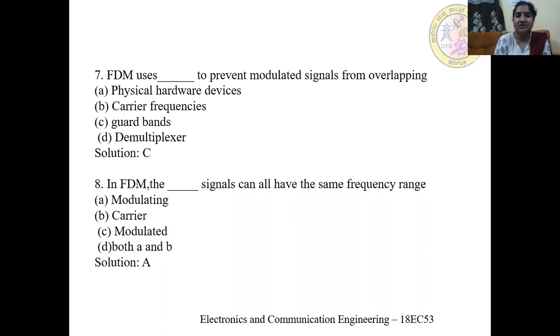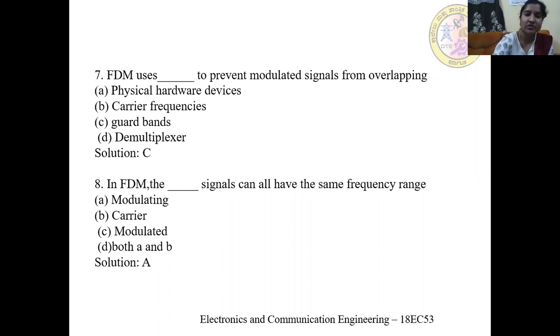Physical hardware devices, carrier frequencies, guard band, demultiplexers. The solution for this is option C, guard band. Question 8 and last question. In frequency division multiplexing, the dash signals can all have the same frequency range. Modulating, carrier, modulated, both A and B. The answer for this question is option A, modulating.